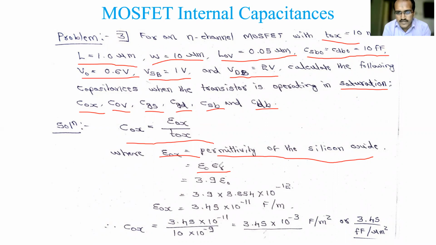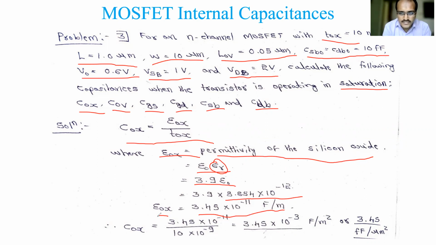The relative permittivity of silicon dioxide is 3.9. So it is written as 3.9 into epsilon naught, and epsilon naught is a constant available from your calculator, which is 8.854 into 10 to the power minus 12. Substituting that, you get epsilon OX as 3.45 into 10 to the power minus 11 farad per meter. Its unit is farad per meter.